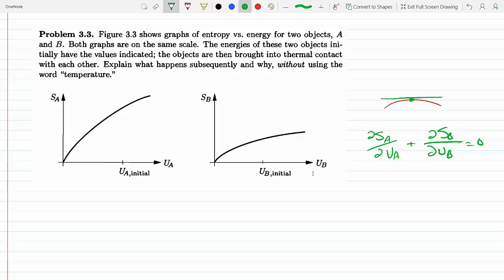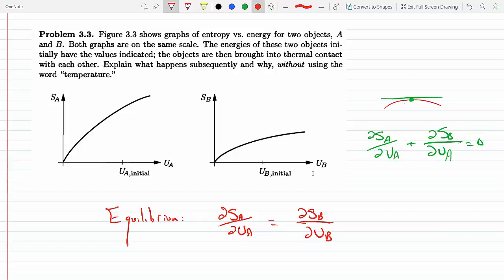That means that's when the slope has a tangent line. Now we know that the amount of energy lost by A is gained by B and vice versa, so I could replace U_A with minus U_B. So equilibrium is when dS_A over dU_A has to equal dS_B over dU_B.